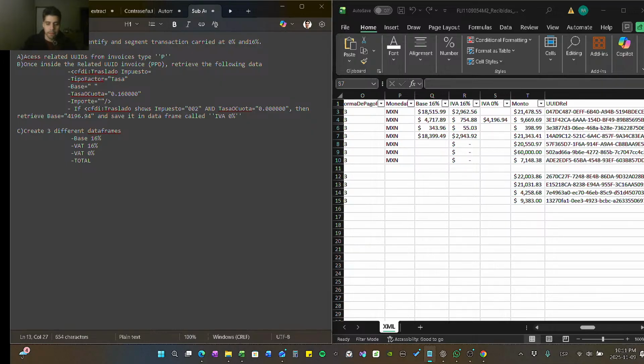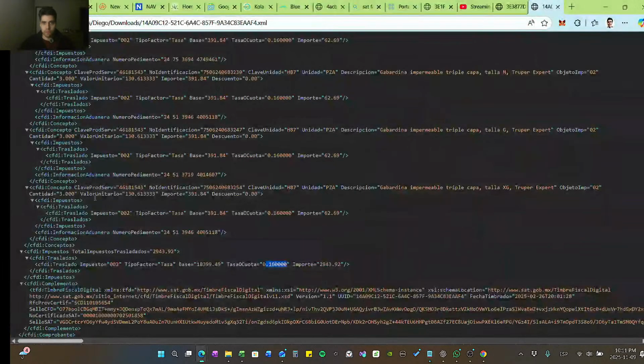So the math logic behind the base 16% is this one right here.